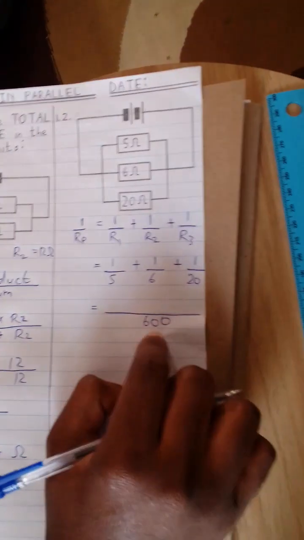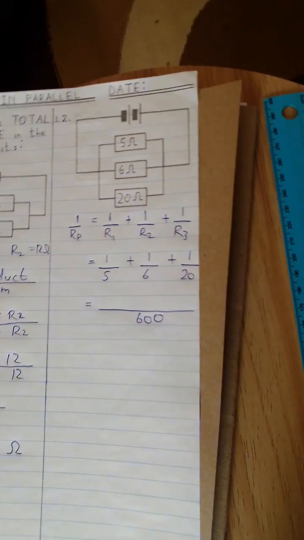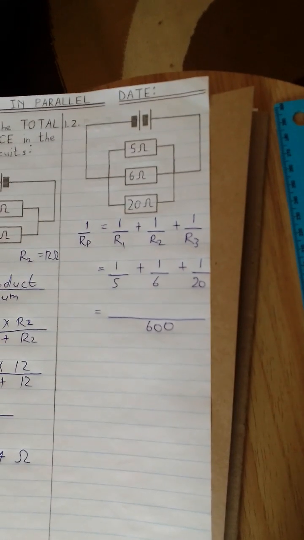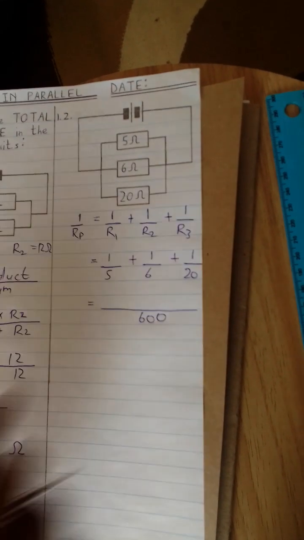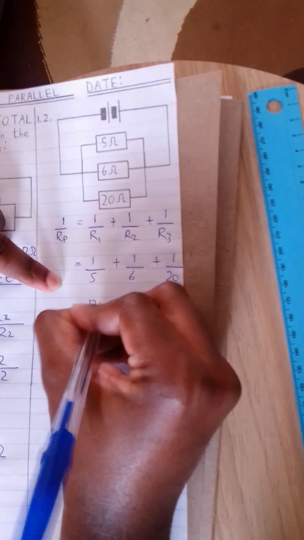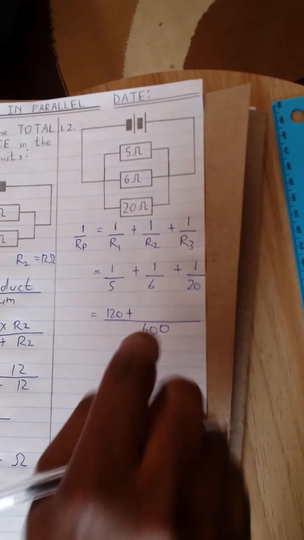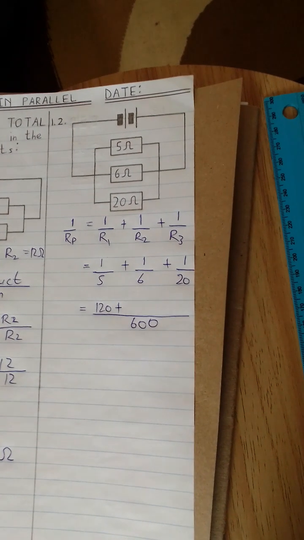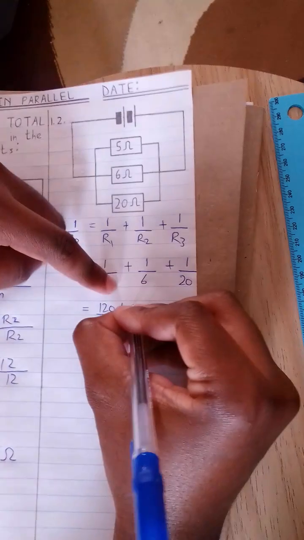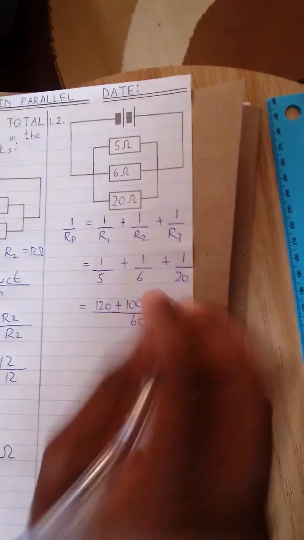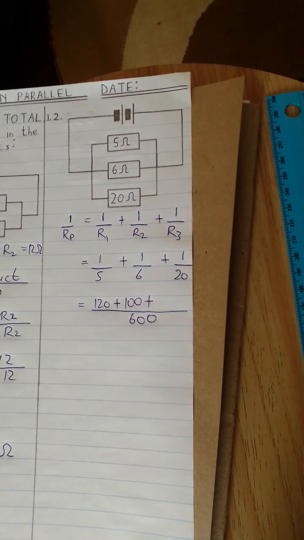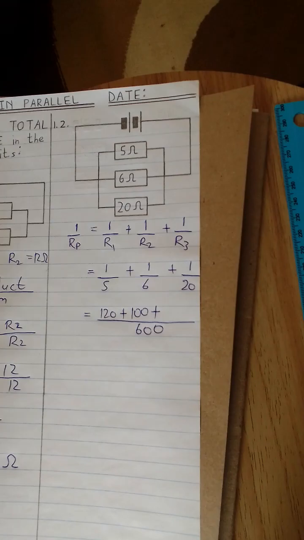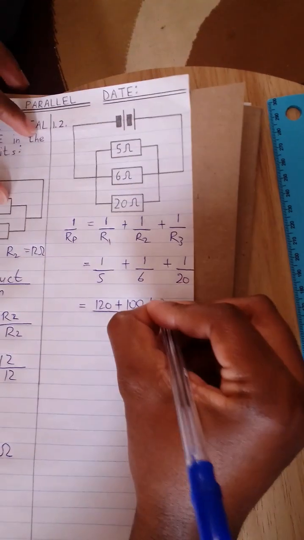So it's going to be 600 divided by 5 is 120. 120 times 1 is 120 plus 600 divided by 6 is 100. 100 times 1 is 100. 600 divided by 20 is 30. 30 times 1 is 30.